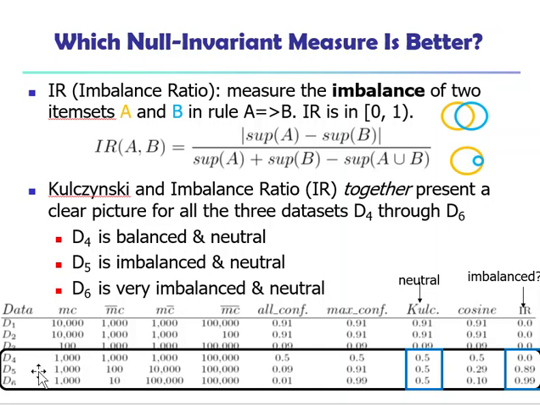D5 can also be considered neutral because lots of people buying coffee are also buying milk, but a very small number of people buying milk are also buying coffee.